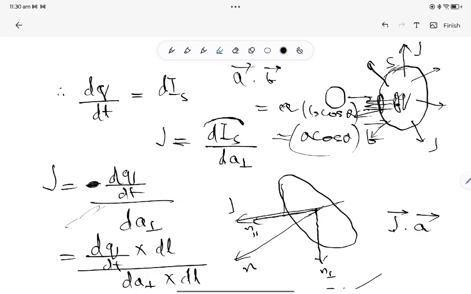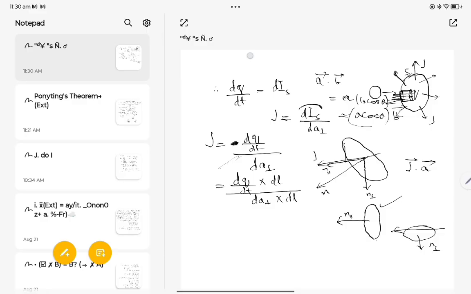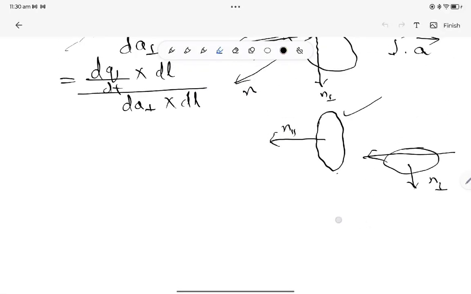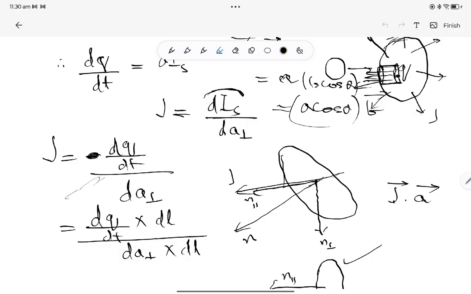Since it is infinitely small at this time interval, we can think of this as half a cuboid or a cube. So the distance traveled by this charge dq from this to this is this dl. This dl is the distance traveled in dt time. We can think of this as a cylinder as well. It will be better.